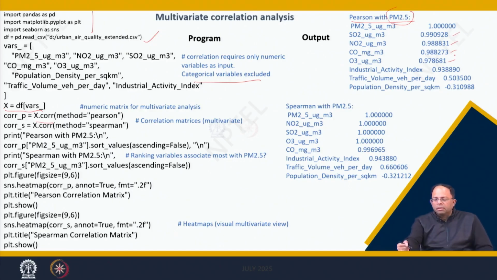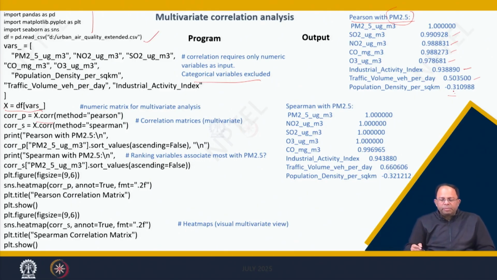And then there is also the industrial activity index, which is also very highly correlated. Traffic volume, vehicles per day, is moderately correlated. And then population density per square kilometer is negatively correlated. And not only that, the value is very small.